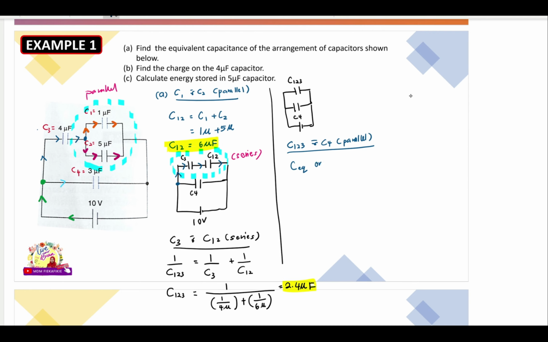Okay, ataupun kita nak tulis C1234 pun boleh jugalah. Okay, kita adalah tambah C123 plus C4. Okay, so equivalent capacitance therefore equal to 2.4 micro plus 3 micro. Sorry, C4 dia bagi 3 kan, 3 micro. And the answer is equal to 5.4. Okay, boleh so 5.4.